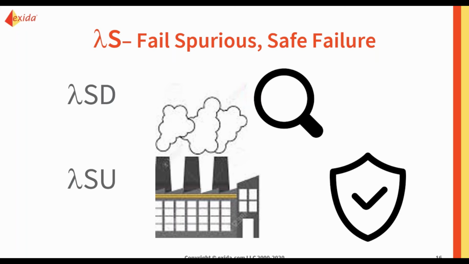So what are some examples of safe failures? Depending on your internal diagnostics, these could be detected or undetected. So what if you have a loss of air pressure in an actuator? It causes your valve to close on trip and shuts down the application.